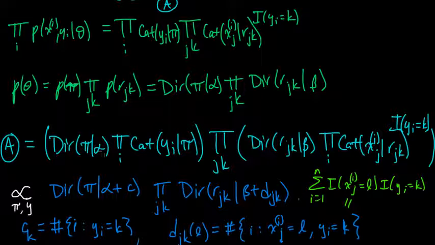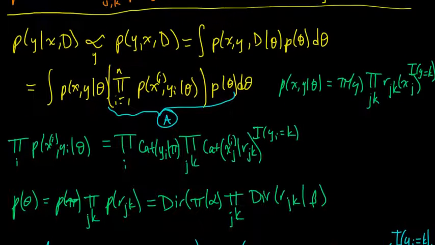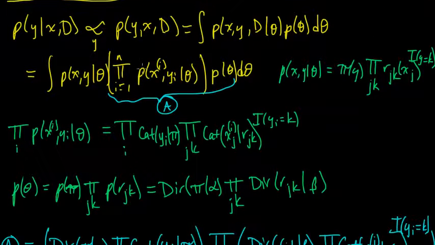And the reason why this is okay is that, back up here, that was our A here, and as long as this is proportional with respect to y and theta, it also needs to be proportional with respect to theta, because we're integrating over theta.